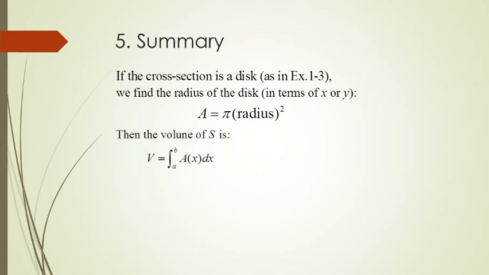Then the volume of S can be evaluated in this way, using x or using y. So the important part is to find the area function of the cross section, depending on either x or y.